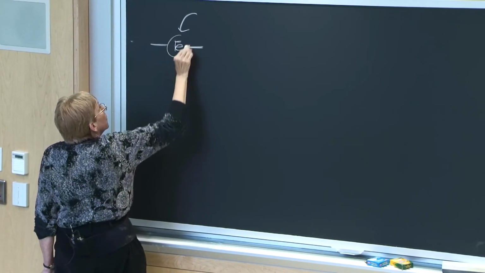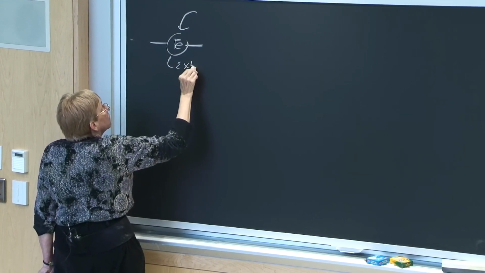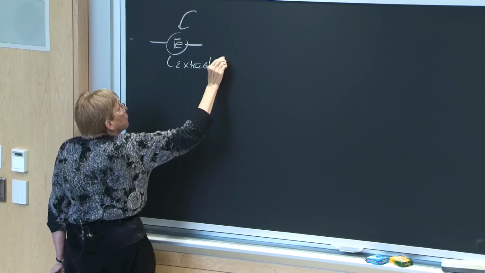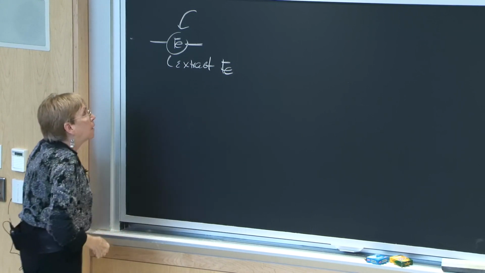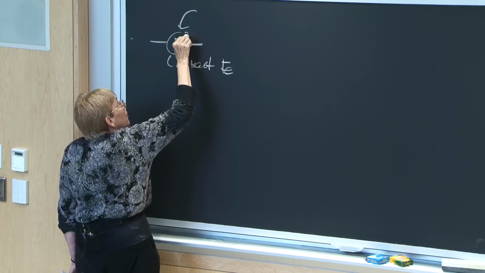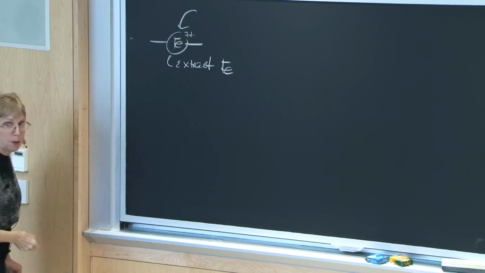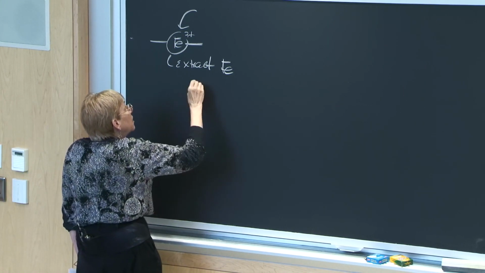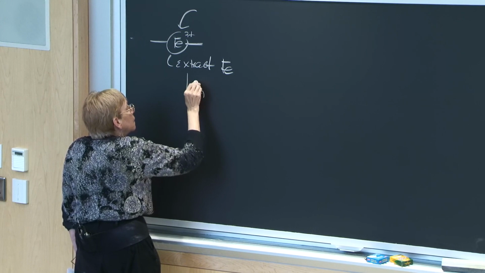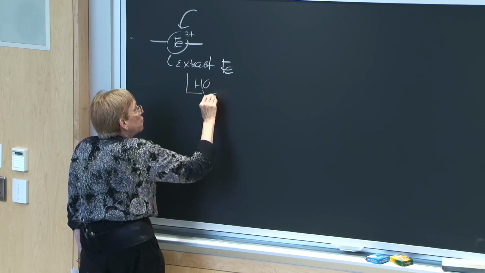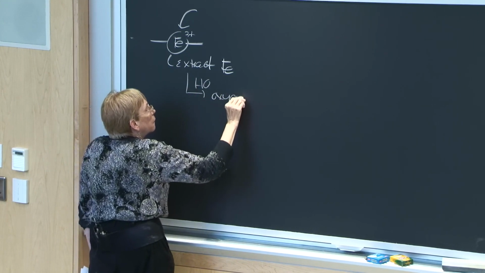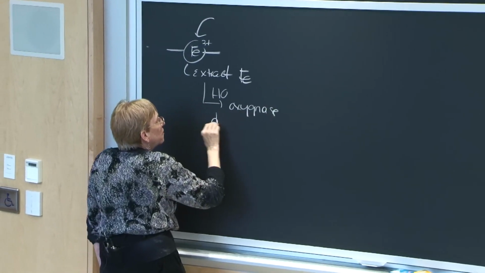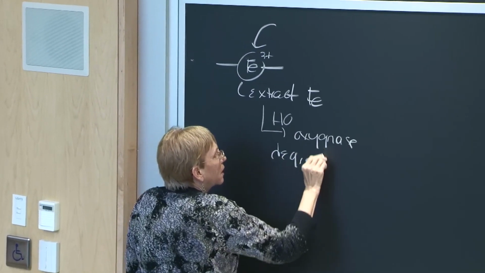You need to extract the iron. And usually this is in the +3 oxidation state. Okay, so you extract the iron, and this can be done by a heme oxygenase, which degrades the heme. Okay.